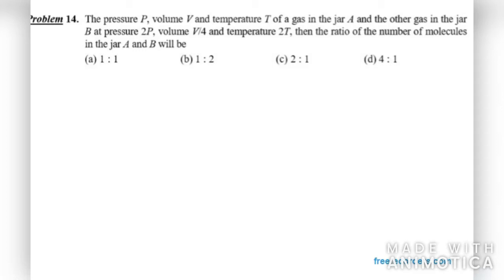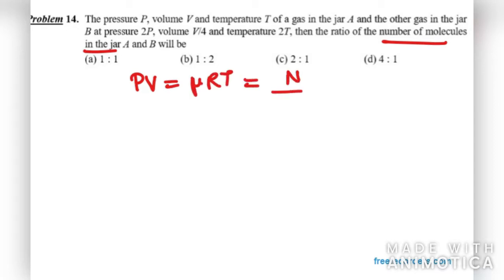As you know that PV equals mu RT, but in this case we need to write in terms of number of molecules. So PV equals mu RT equals N over Na RT, converting mu.